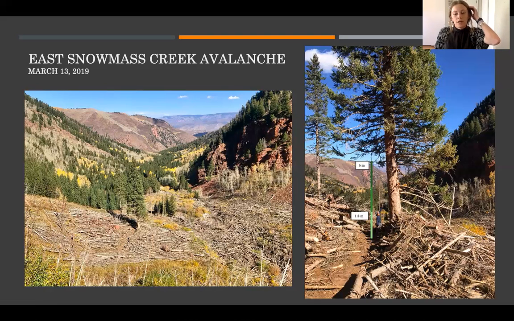And there was not as much soil and rock in this debris field. The trees were more whole and they looked like they had been tipped over and only carried a short distance rather than tumbled down the entire avalanche path. So East Snowmass Creek again flows underneath here.